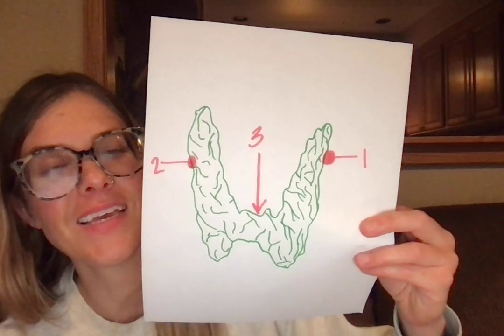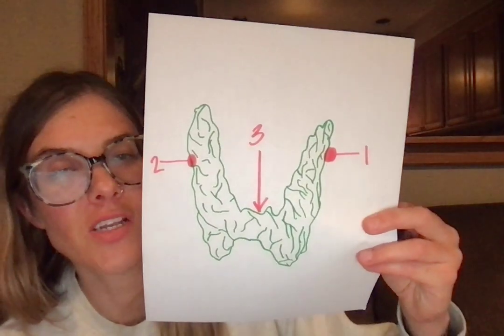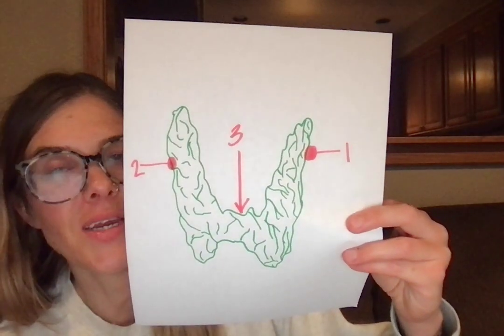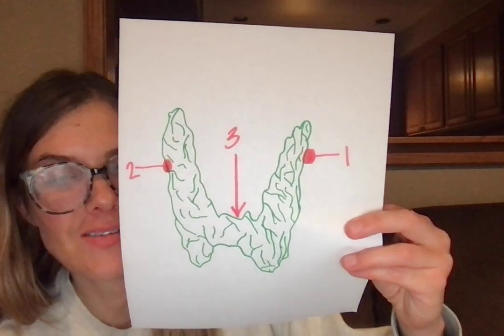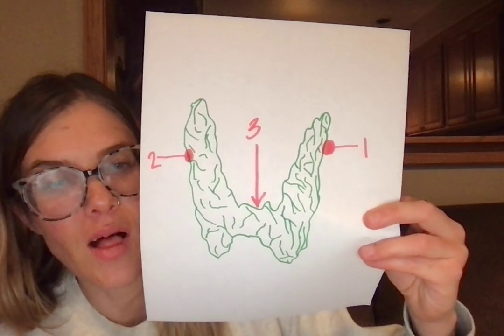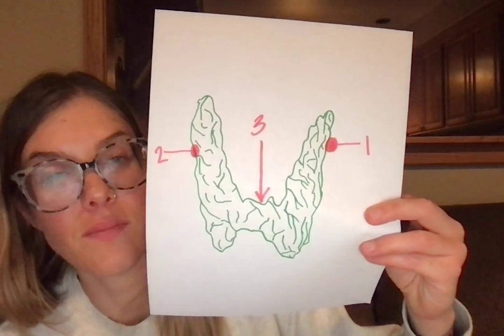80% of it is thyroxine, which is also known as T4, 20% is triiodothyronine, T3, and the calcitonin, as well. T3 and T4 increase our metabolic rate.